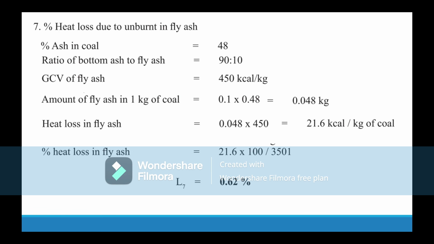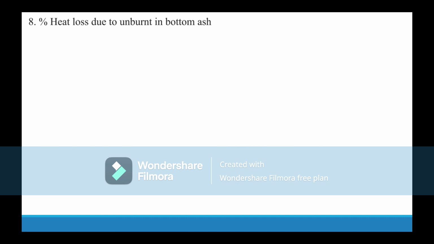Okay, because in that 48%, only 10% itself is fly ash. Then the remaining 90% is bottom ash. Therefore, the heat loss for fly ash is equal to 0.62%.